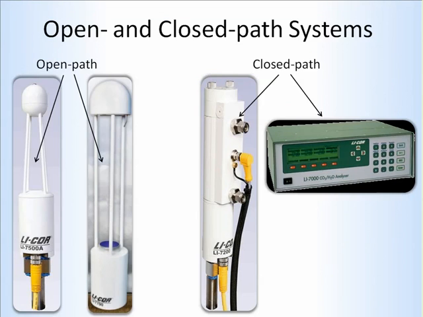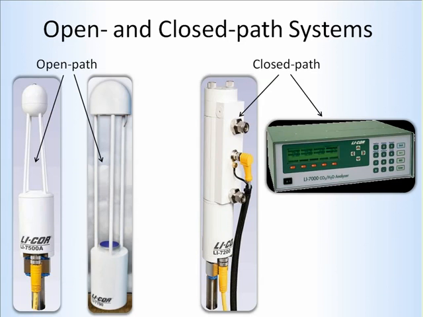Based on the type of gas analyzer in flux measurements, an eddy covariance system is usually classified as a closed path or open path system. In an open path system, the air moves freely through the measuring path of a gas analyzer. In contrast, in a closed path system, the air is forced into measuring paths by a pump.